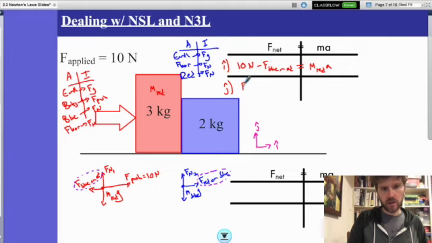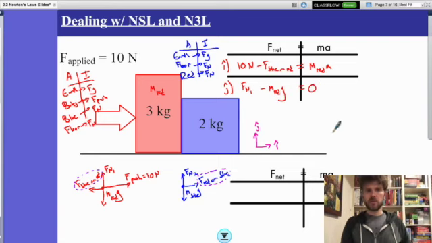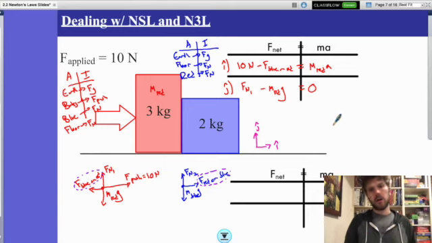It's just FN1 minus M red G equals 0. 0 in the y direction, which just tells me my normal force and my gravitational force happen to be equal in this case.